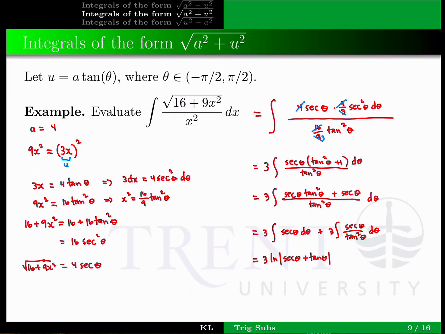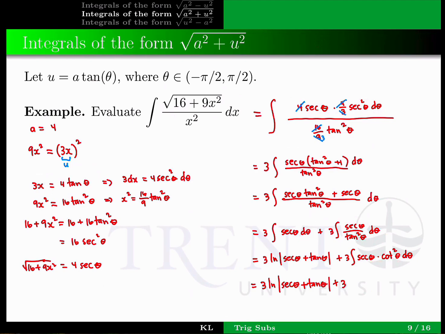For the second part, let us rewrite it as the integral of secant theta times cotangent squared theta d theta. Then let us convert this one in terms of sine and cosine. We will have here 3 ln absolute value of secant theta plus tangent theta.